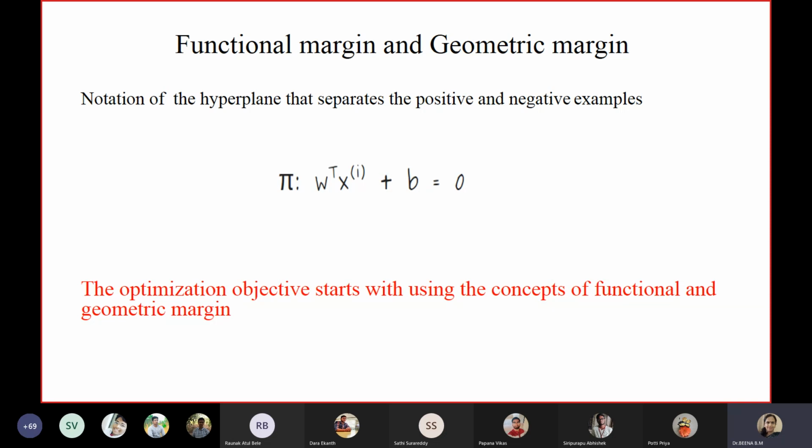Geometric margin is a scaled version of the functional margin. With this, we will move on to the derivation. The hyperplane, which separates positive and negative examples, is denoted as W transpose Xi plus B equal to 0.